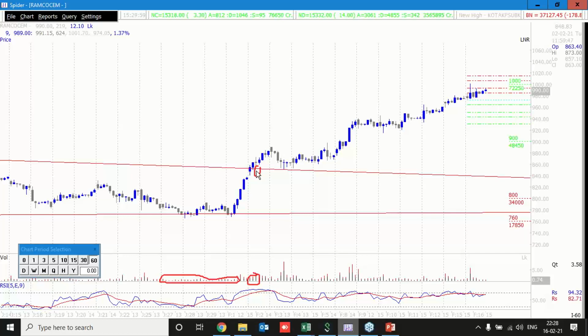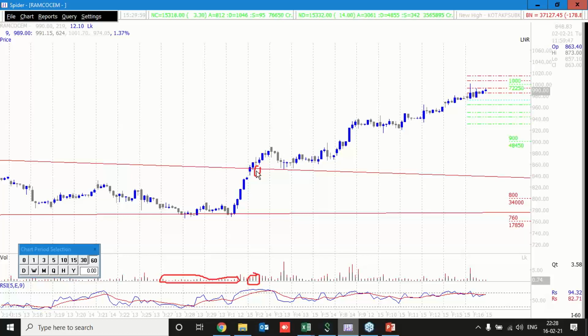That gives me an idea whether, at the breakout point, the large institutions or the strong hands are also going for it or not. Because if you do not find high volume right at the breakout point, then maybe you are the only one looking at the breakout and nobody else is interested, right?